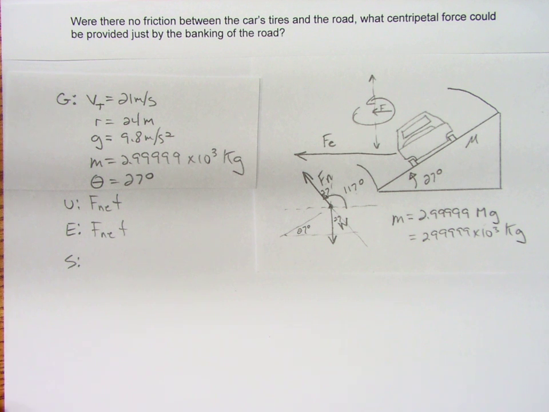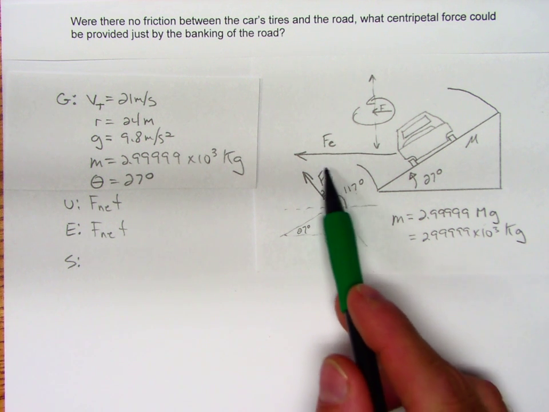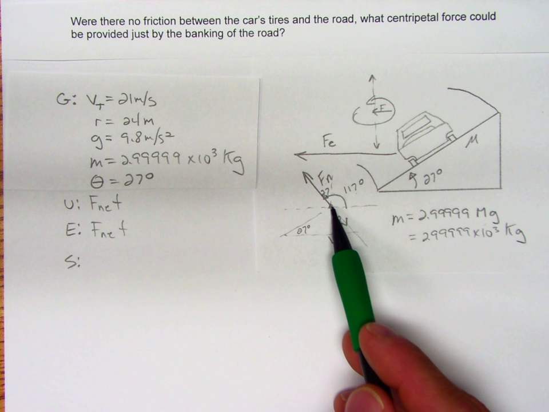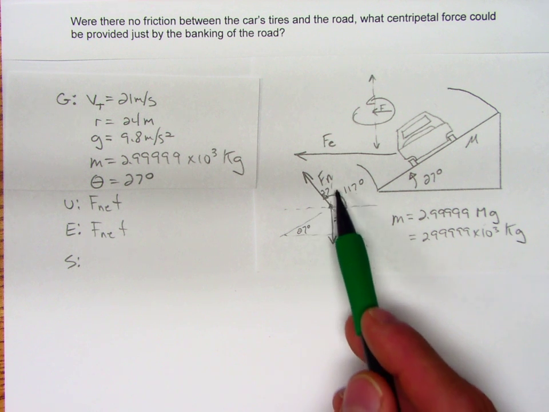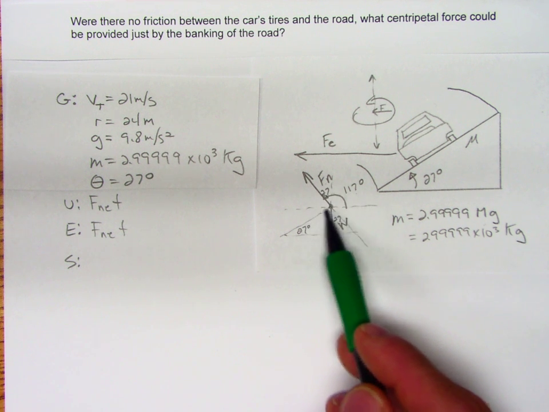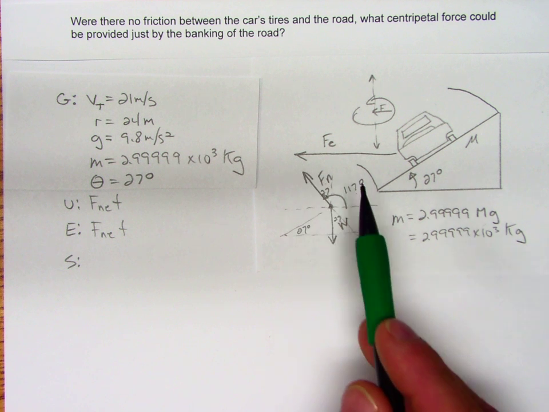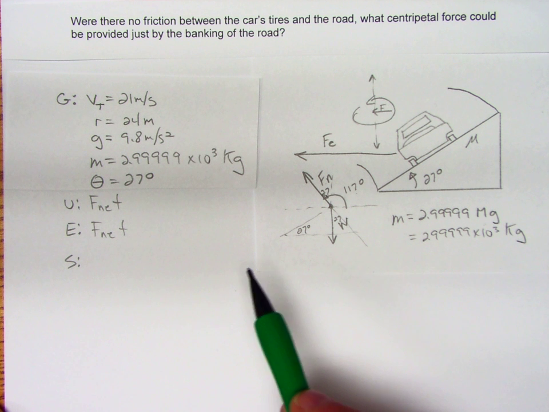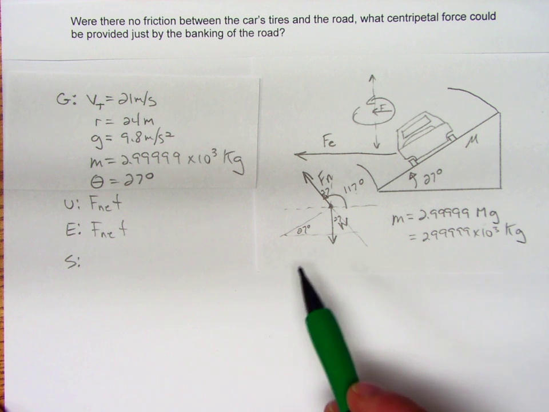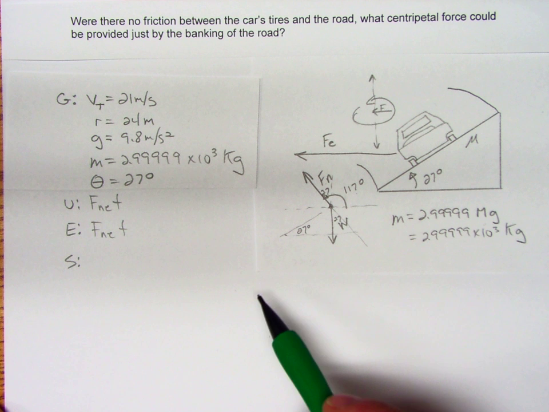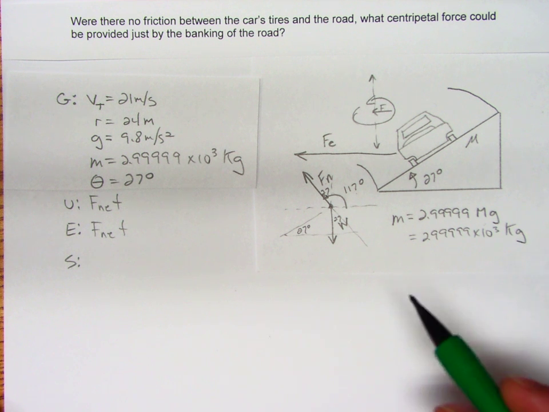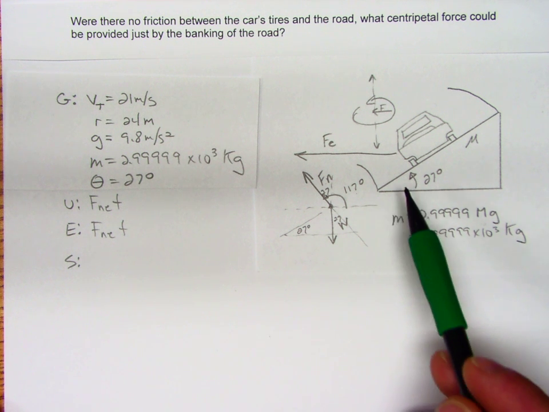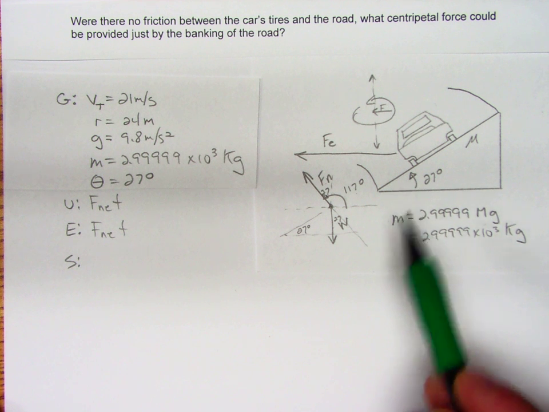You'll see pretty clearly that the force that provides the centripetal force has to be the normal force here, because it is the only force that has a component in the x direction, and that is the direction of the uniform circular motion. So it's the direction of the center-seeking force, or the force that is needed in order to have this object move with uniform circular motion.